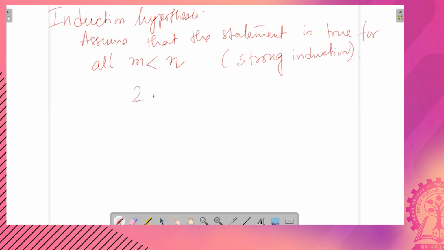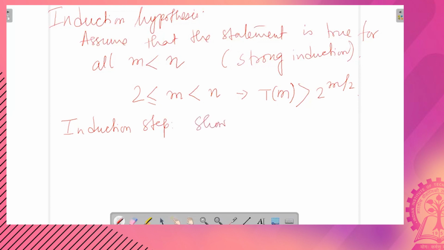So in this case, formally speaking, for any value of m strictly less than n, we have Tm greater than 2 to the power m by 2. Now, given this, we write the induction step. So we have to show that Tn is indeed greater than 2 to the power n by 2.